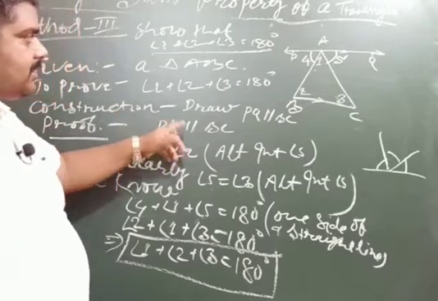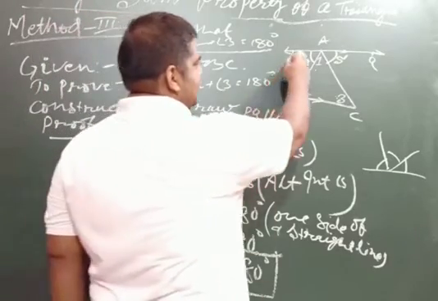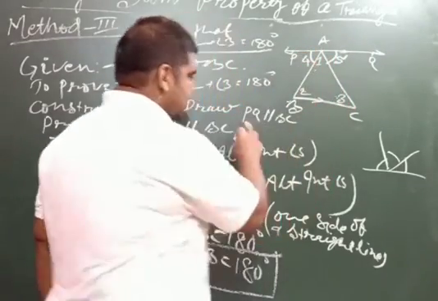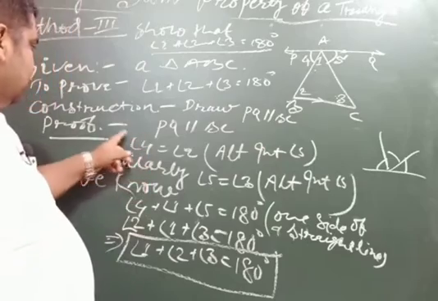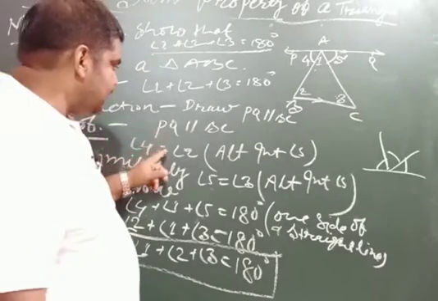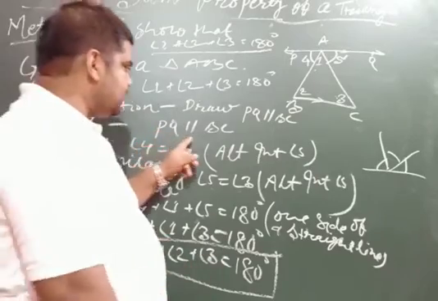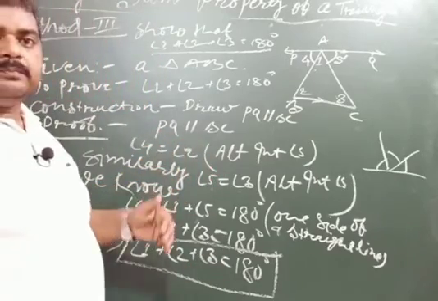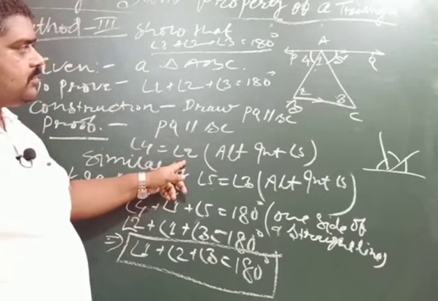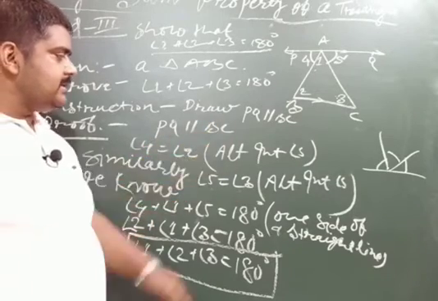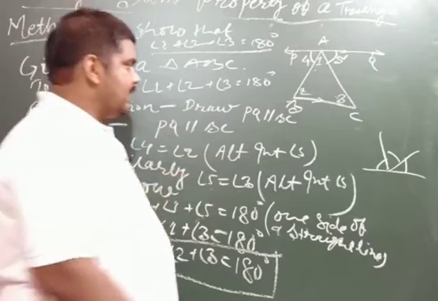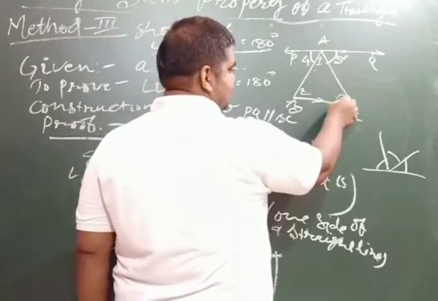And what is the construction? I have drawn PQ parallel to BC. After that you start the proof with the parallel lines. By the property of parallel lines, angle 4 is equal to angle 2 because they are alternate interior angles, and similarly angle 5 is equal to angle 3.